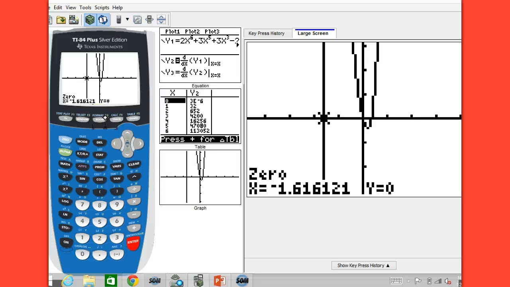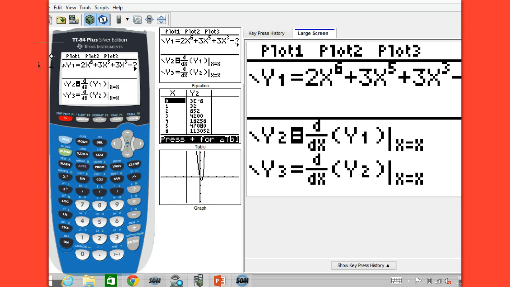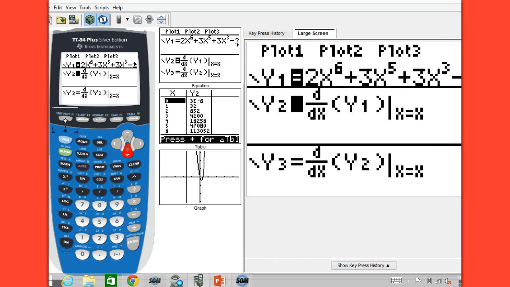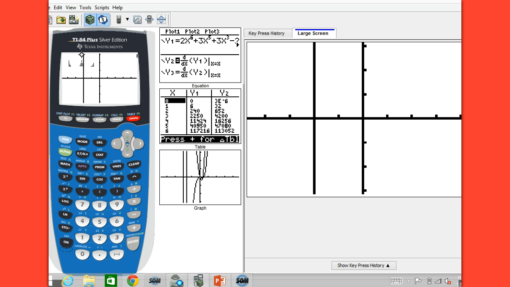Plug back in, right. Now, if I've got negative 1.616121, I could, if I wanted to, go back to y equals and turn that first graph back on. I'll turn my second one off, so I'm only working with the original equation. So when I go back to graph that, I can use my value button to plug that value in.